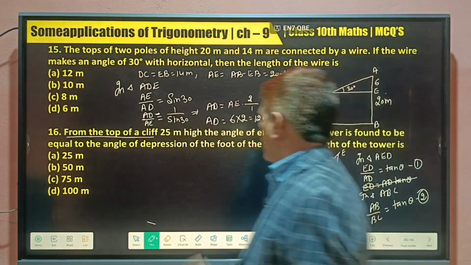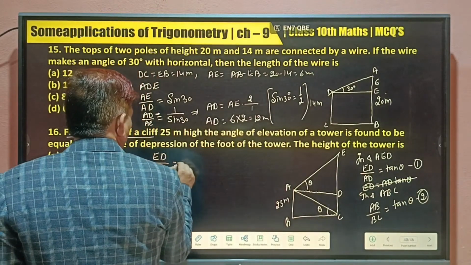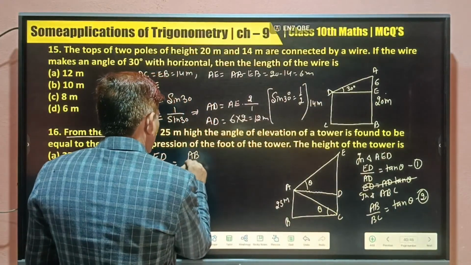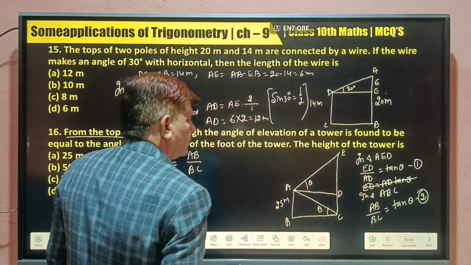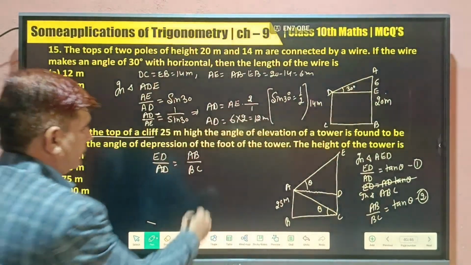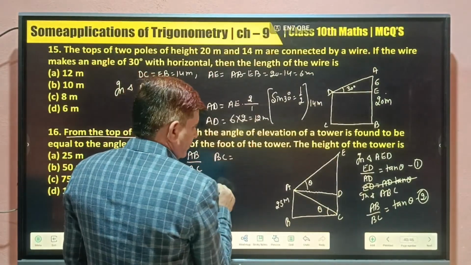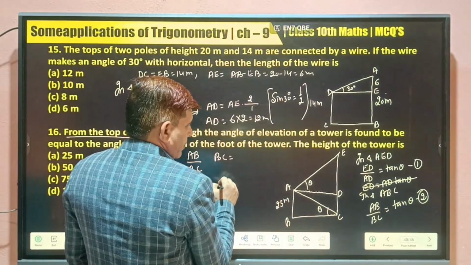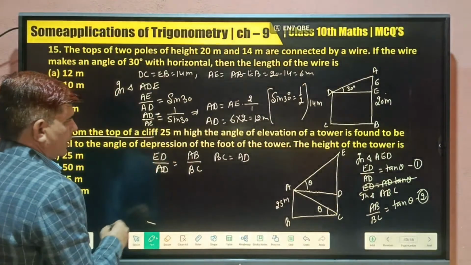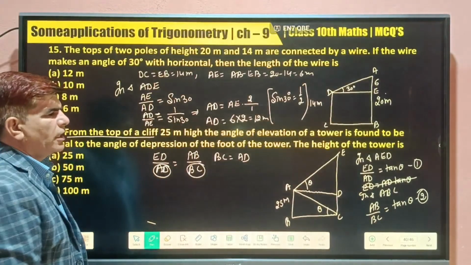The left hand side also, ED by AD equal to AB by BC. But BC is equal to what? BC is equal to AD. Denominator same, so it means numerator also same.